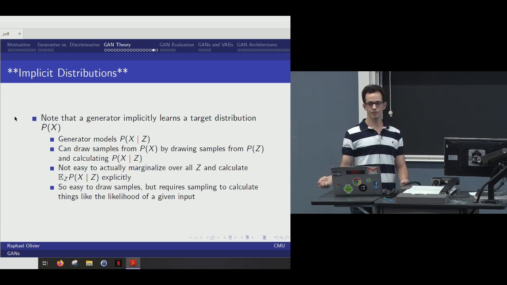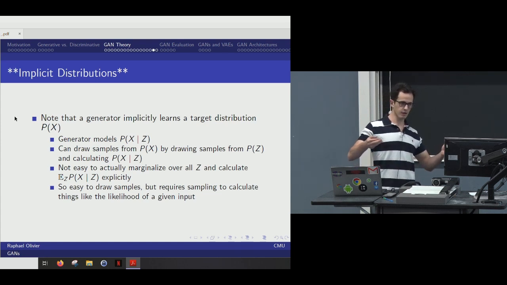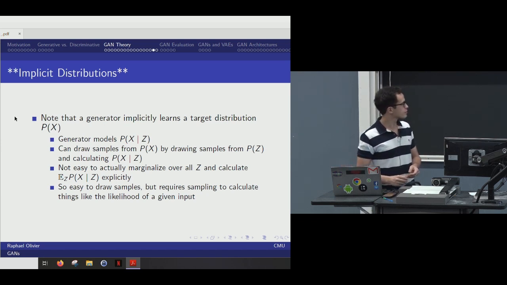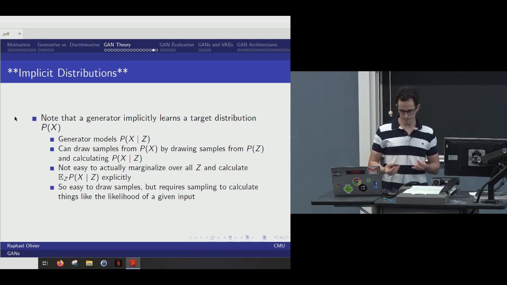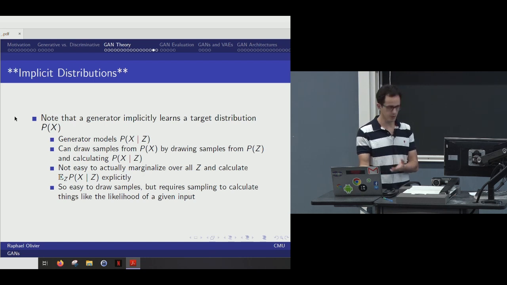That's not going to give you p of x. So that means that, for example, if you were trying to do the things that we talked about in the beginning, like get back the conditional distributions based on the joint distribution, it's not completely straightforward. There are a lot of things that generative models are supposed to do that GANs cannot do natively.